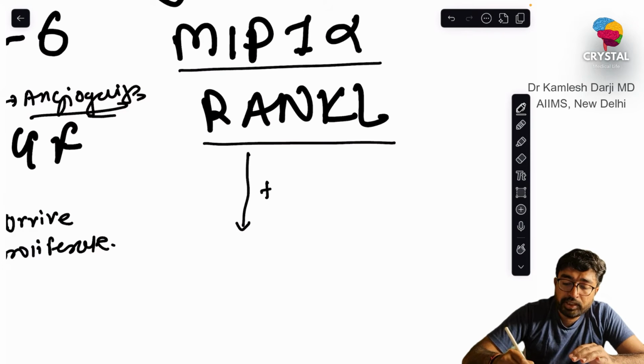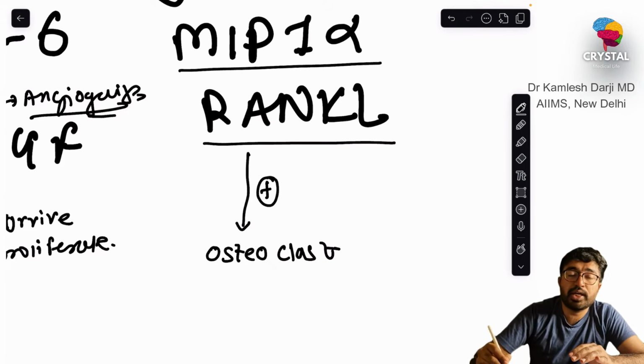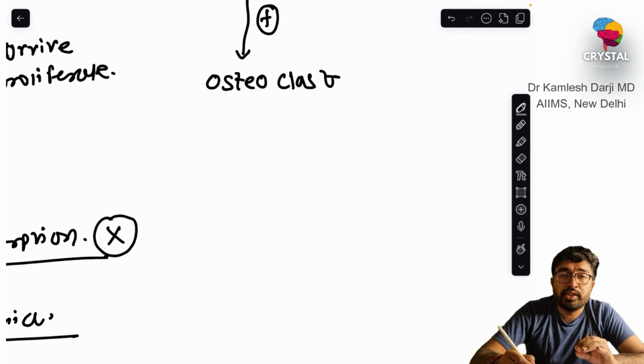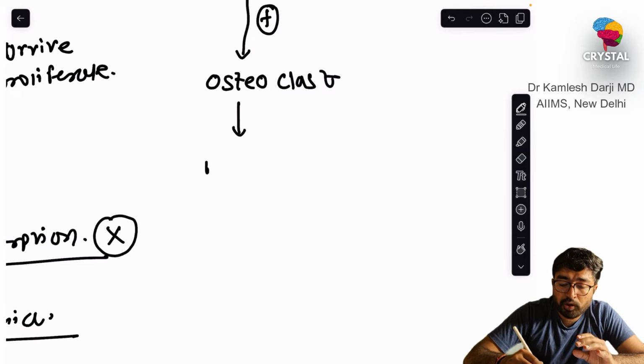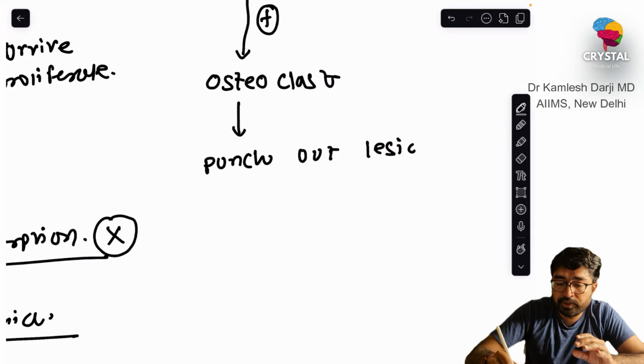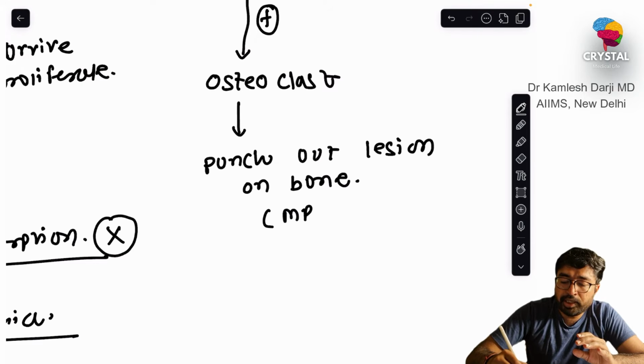They will activate your osteoclasts. What? Osteoclasts. These are the bone eaters and they will destroy your bone, so it will create punch out lesions on bone. You will find it on MRI.